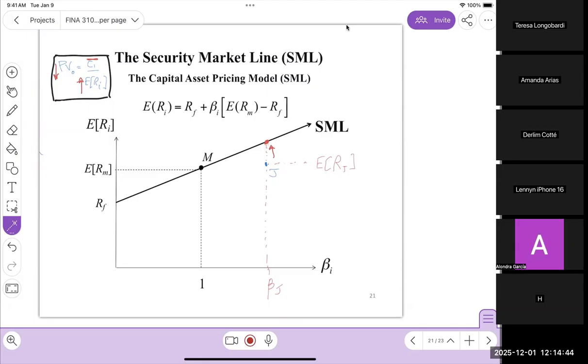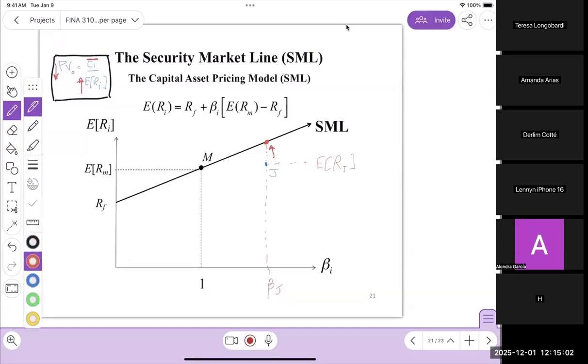So what we say about assets below the line, what's a simple term to capture what I've just described? The securities below the line are currently overvalued. They need to adjust.